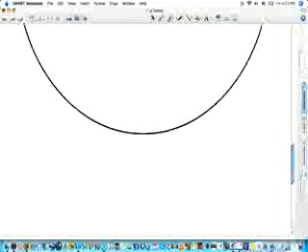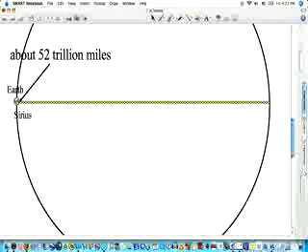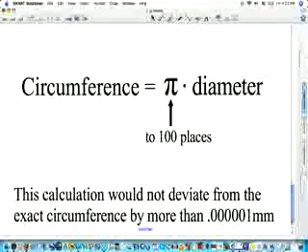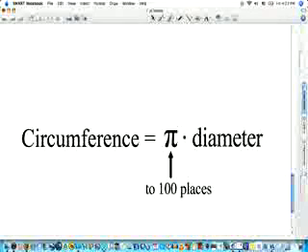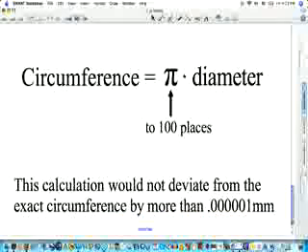Now we're going to calculate the circumference of the circle by taking pi to just 100 places and multiplying it by the diameter. And in fact, the calculation that we do with pi to just 100 places would not deviate from the exact circumference of the circle by more than 0.000001 millimeters.